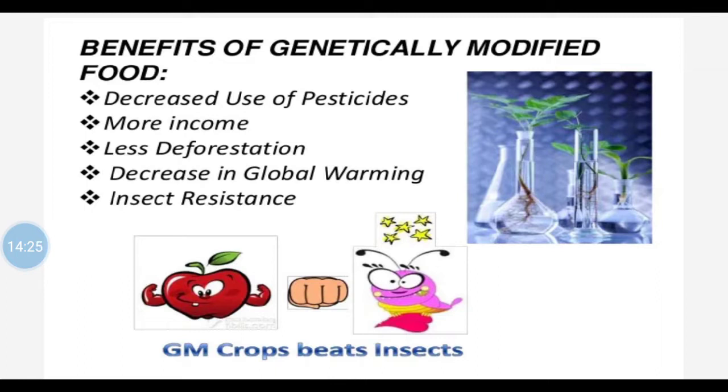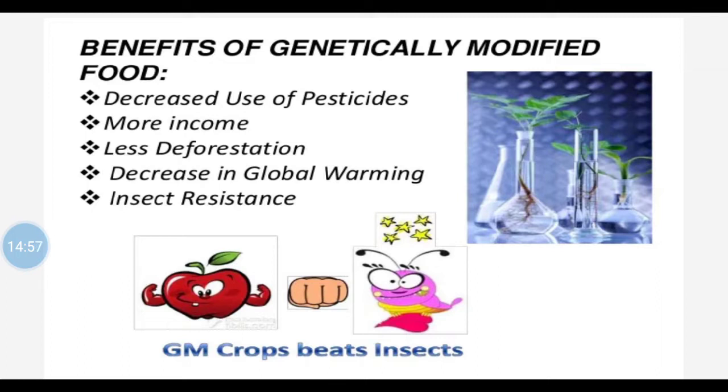In fewer acres of land, more production is possible, and therefore there is no need to finish the forest and go for deforestation. That is another benefit. Then decrease in global warming. Nowadays whatever the climatic changes are there, that also the percentage decreases.